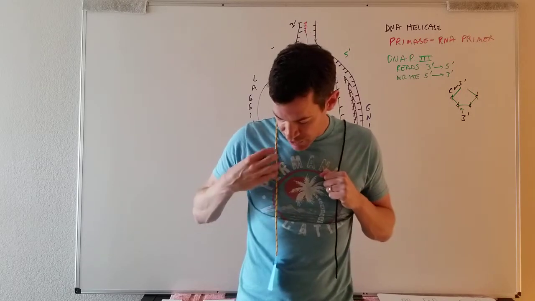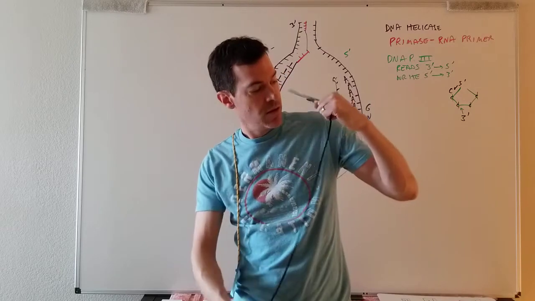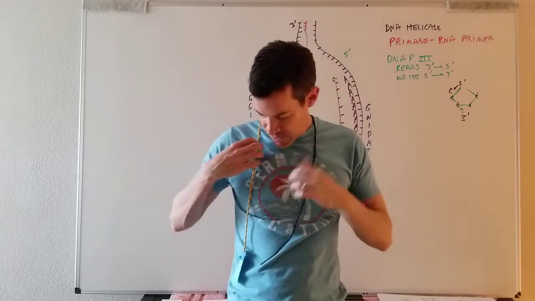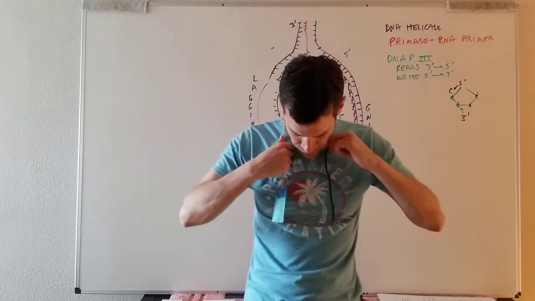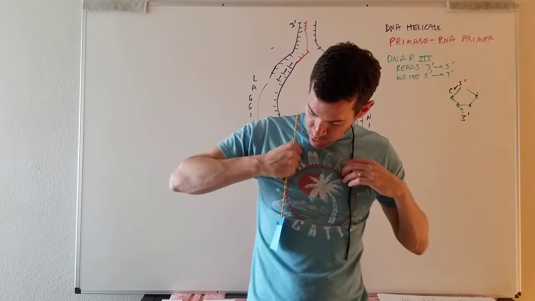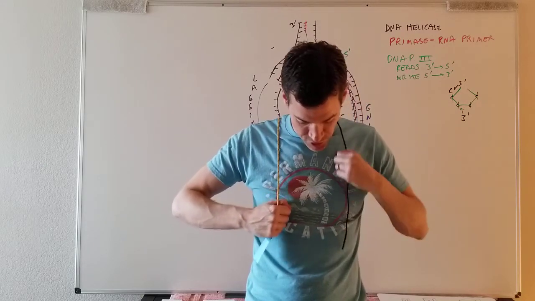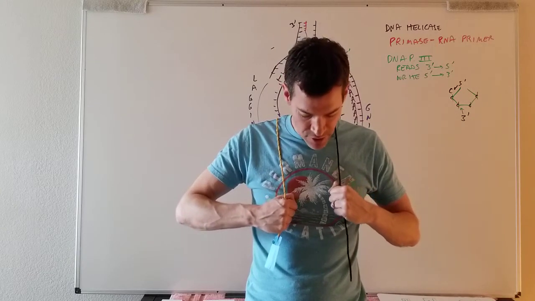So towards the blue is the 5. So I have to move towards the blue. This guy is moving towards the blue. This guy is moving down towards the blue. So my head unzips, DNA helicase, and now I start going towards the 5. This one starts going towards the 5, but my hands have to be connected. So how do I do that?